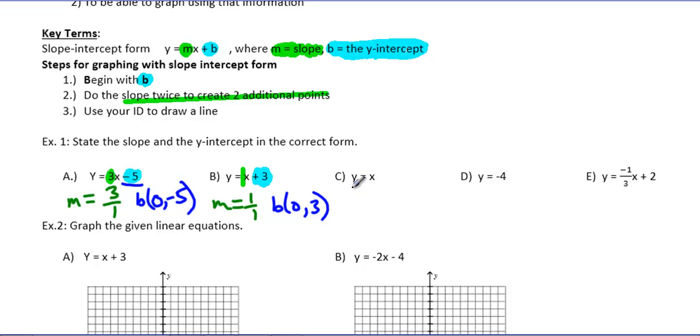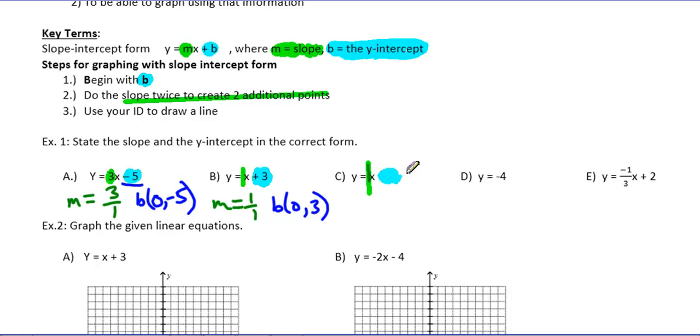Let's take a look at C now. You'll notice in C it looks like something's missing, and you're right. Again, we see our x, and we know that the slope is in front of it. In this case, it's a positive 1. Then we look after and we see that there's nothing over here.